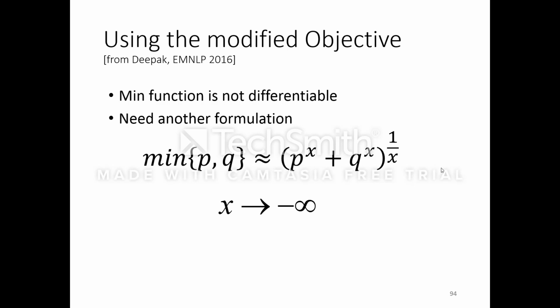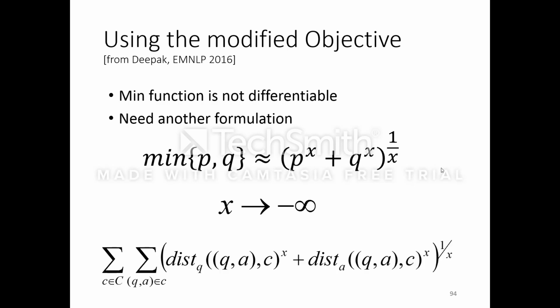For most real numbers that we deal with in the question answer similarity scenario, which are between 0 and 1, but not extremely low, we have found that x of minus 10 or minus 20 is a good enough choice to get a reasonable approximation of the min function.